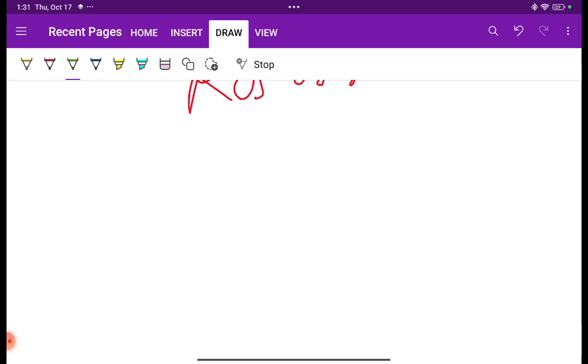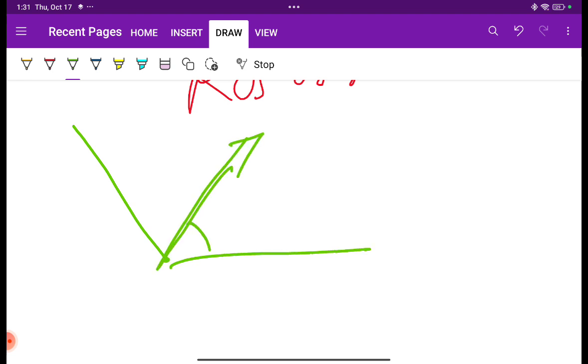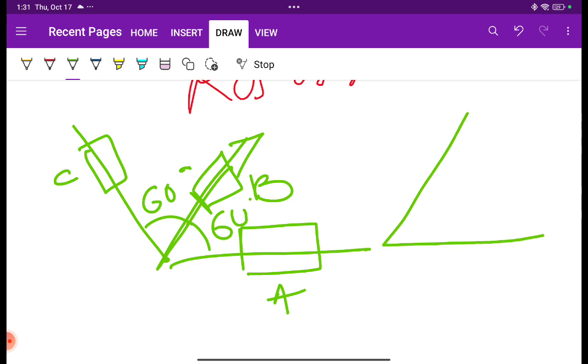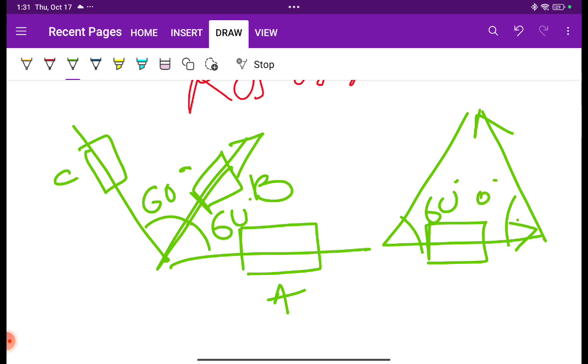It is usually in this type of form, with the gauges at 60 degrees to each other: strain A, strain B, and strain C. And it's also in this way as well. This is also 60 degrees.